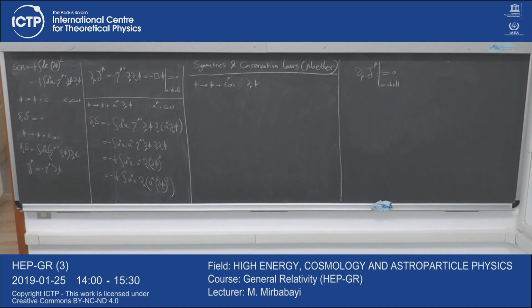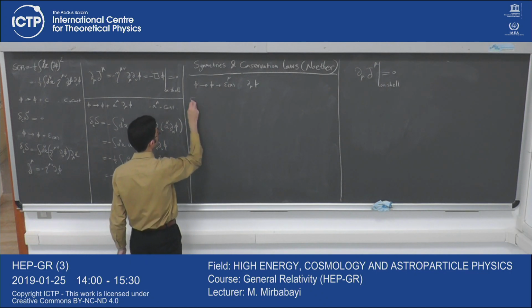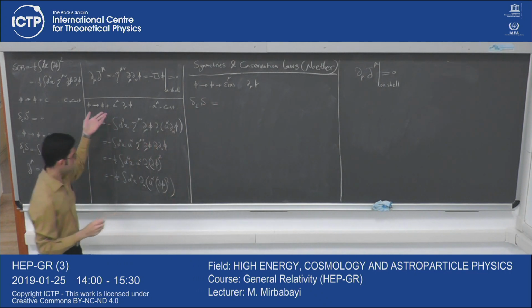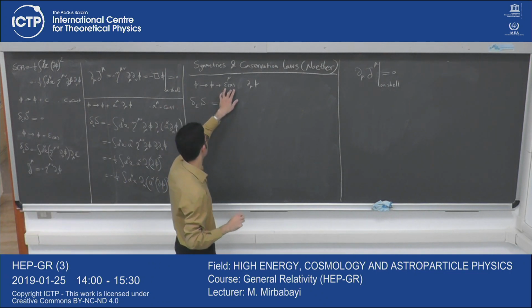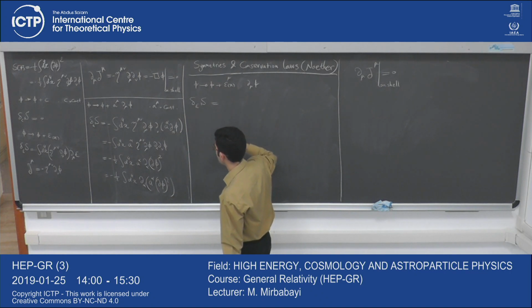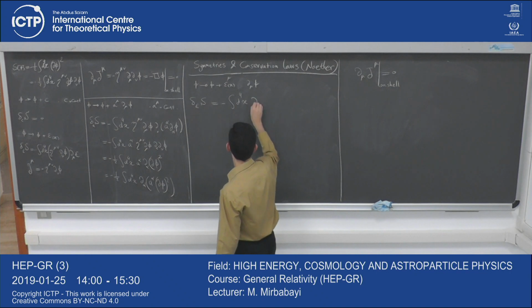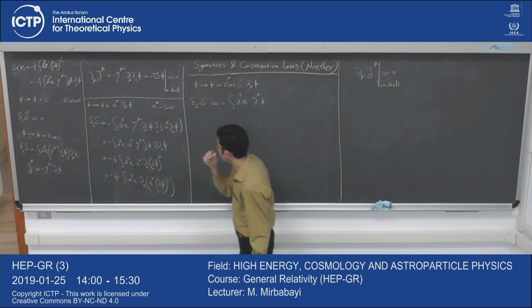And then ask what is the variation of the action when this epsilon mu depends on x. So I look at delta epsilon of S. We follow essentially the same procedure, except that I keep in mind that this epsilon is not constant. So delta epsilon of S is the integral d4x. Now I just raise and lower the indices with eta mu nu.